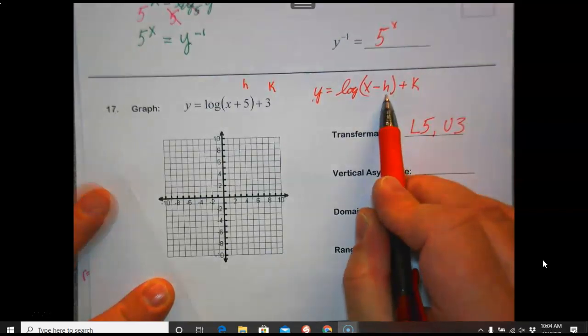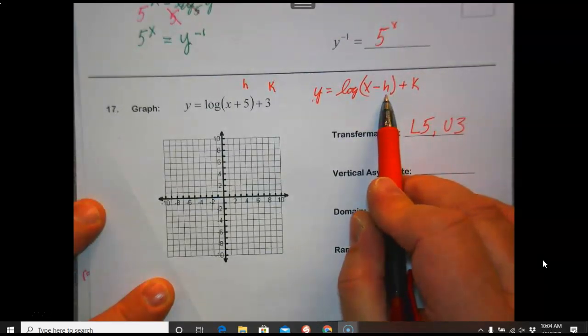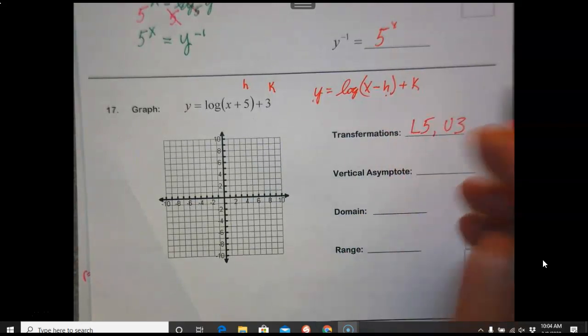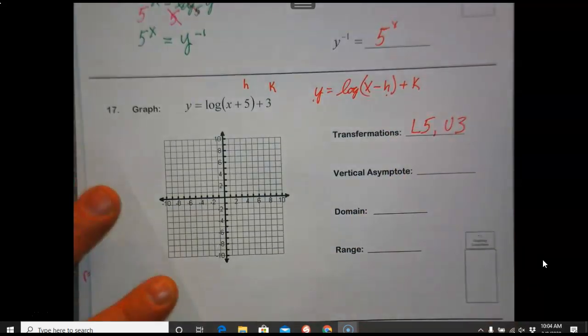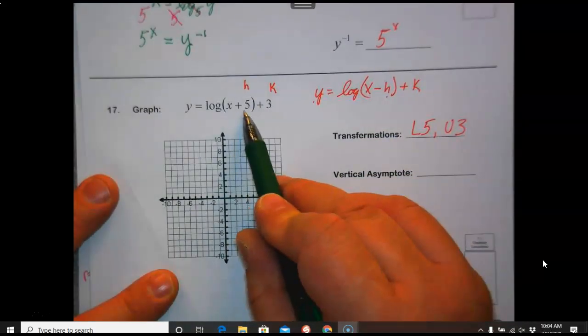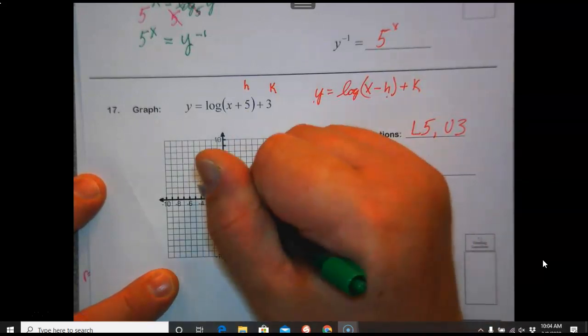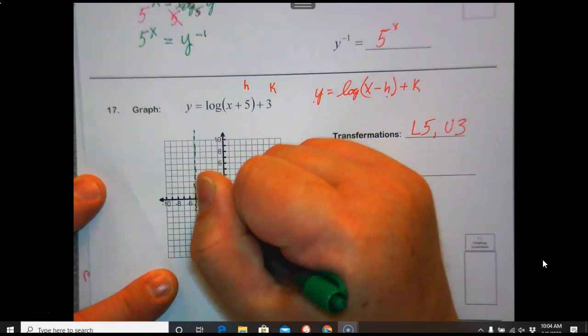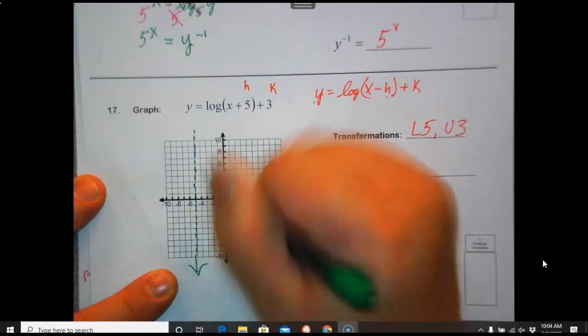Now, exponential functions have horizontal asymptotes. Log functions are going to have vertical asymptotes. Remember, they undo each other, so they're different. My h is opposite the sign here, so it's -5. So my vertical asymptote at -5, x equals -5.